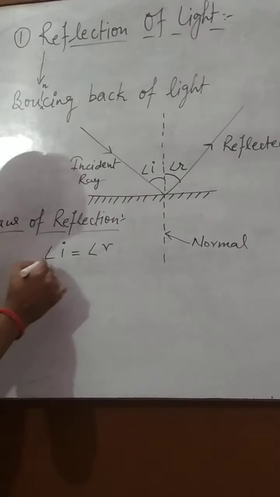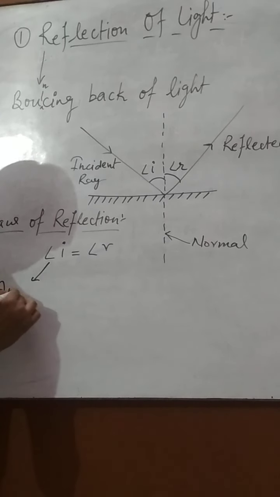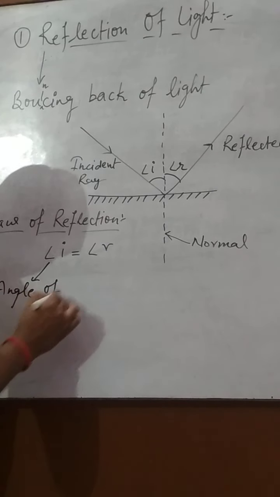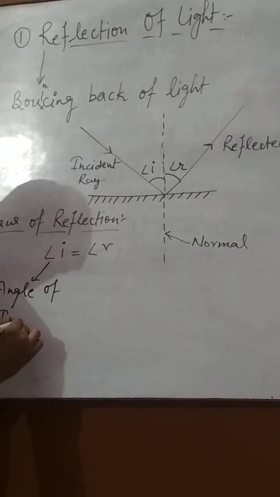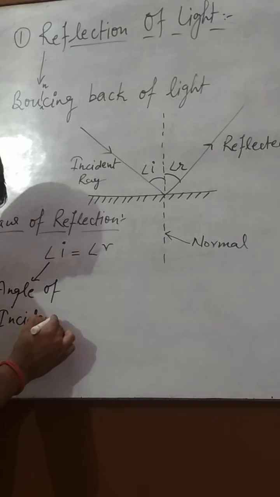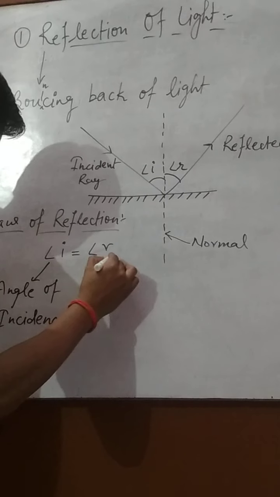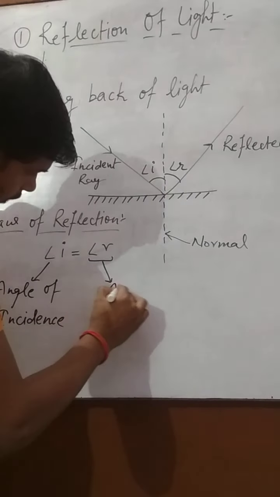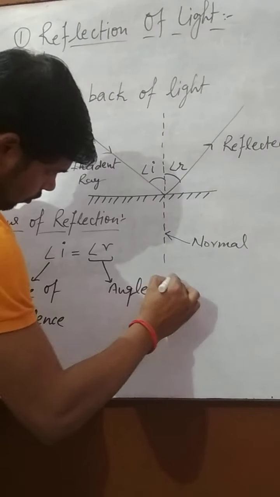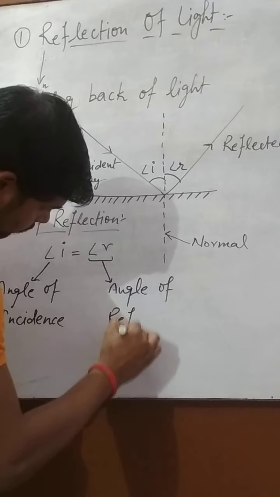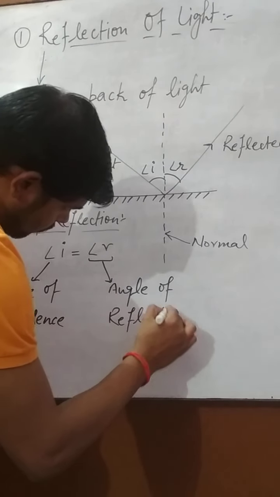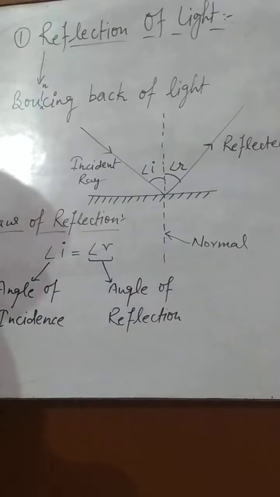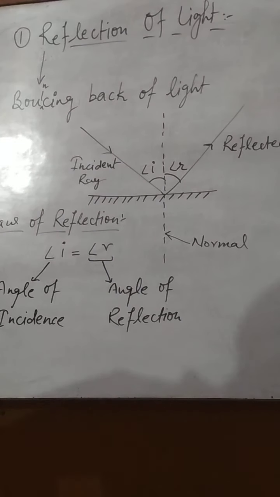This is called the angle of incidence, and this is called the angle of reflection. So we can say the angle of reflection will be equal to the angle of incidence.